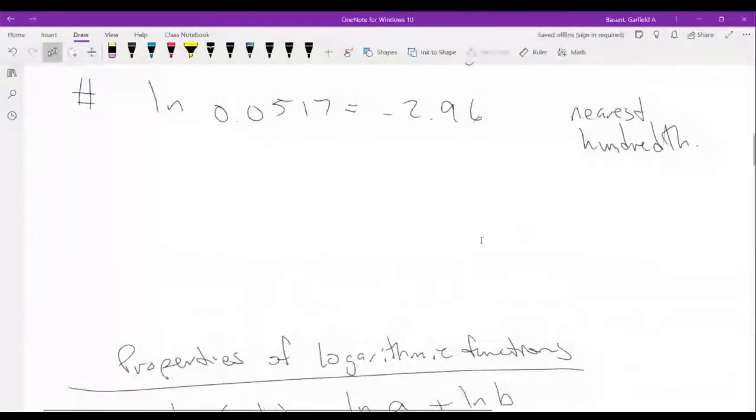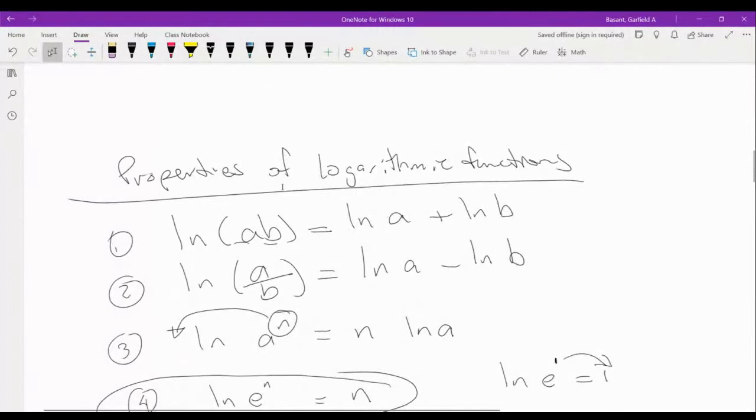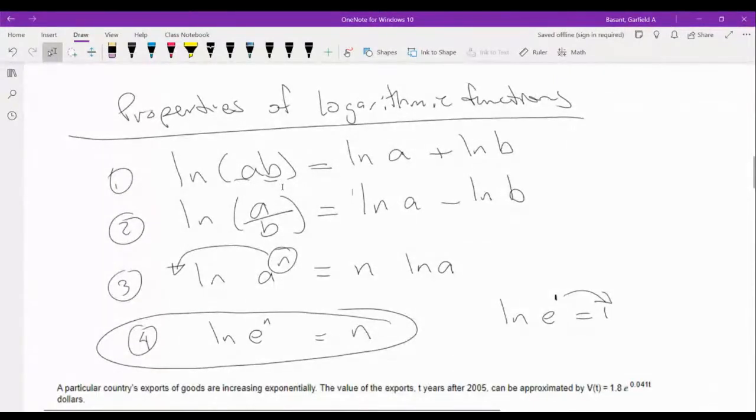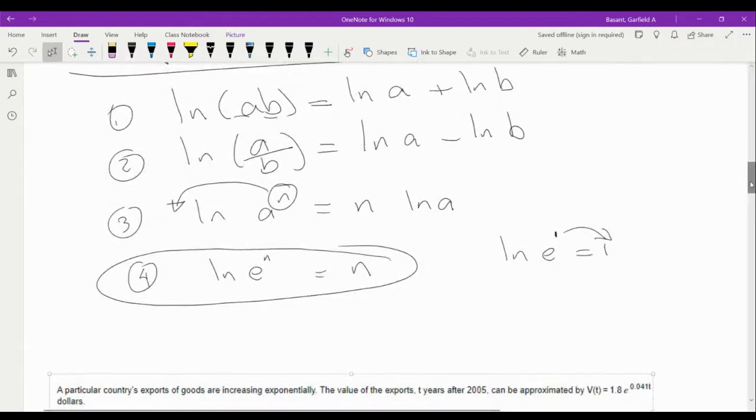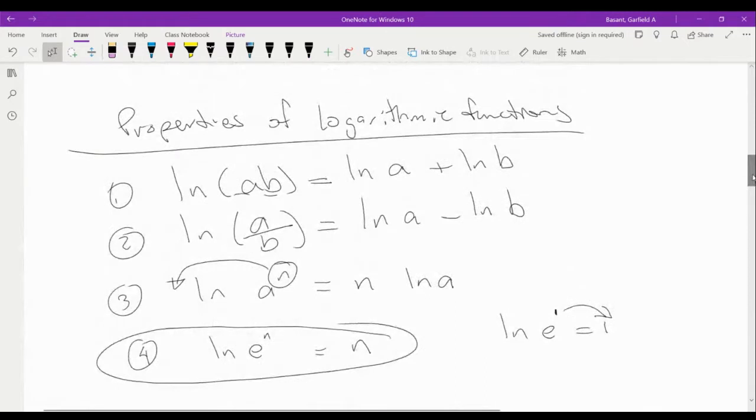Now, I want to look at some properties of logs. Oh, here we go. Have you guys seen these rules before? It says if we're multiplying, so the first one is the product rule. If we take the logarithm of a product, we're just using the ln for now.